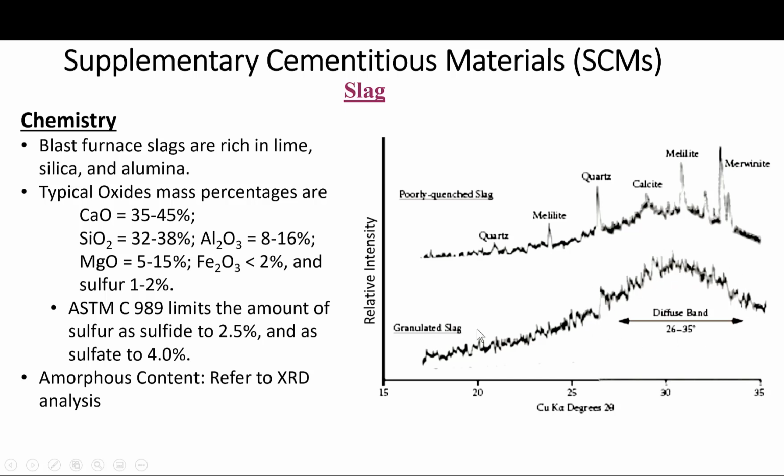As you see, this is granulated slag and this is poorly quenched slag. See the difference in the amorphous content, and the crystalline products present here. This one, the top one, will not be suitable for use as a mineral admixture.